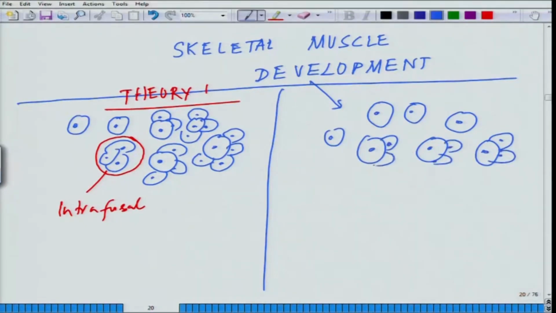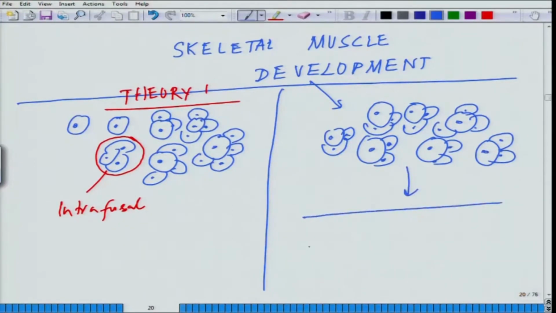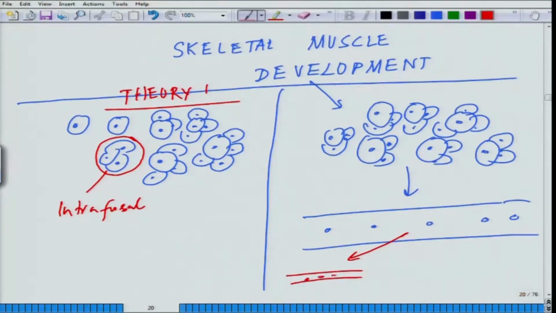After dividing, they become tube-like structures like this, and once they form tube-like structures, some of these tubes decide, or by some reason, because of the innervation or something, some of them become intrafusal fiber, whereas the larger chunk become extrafusal fiber, which are in huge number.